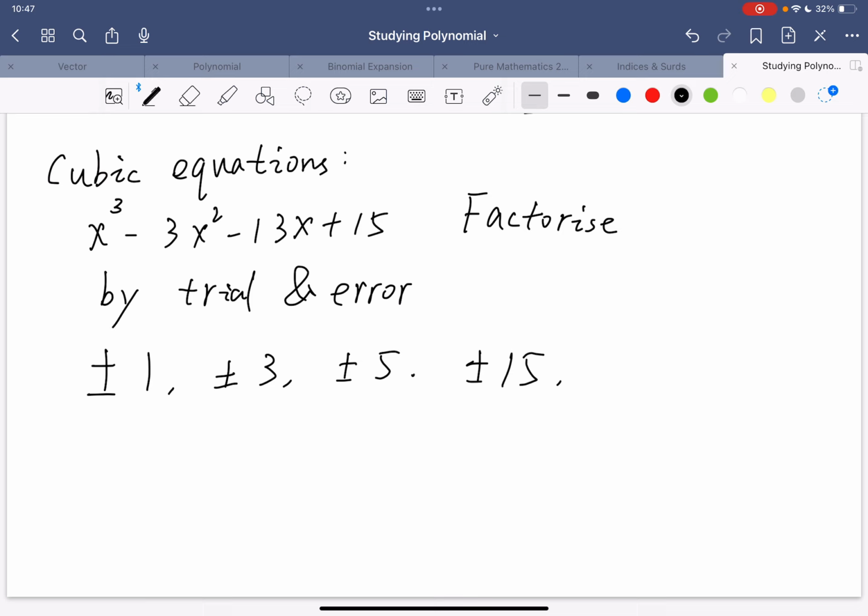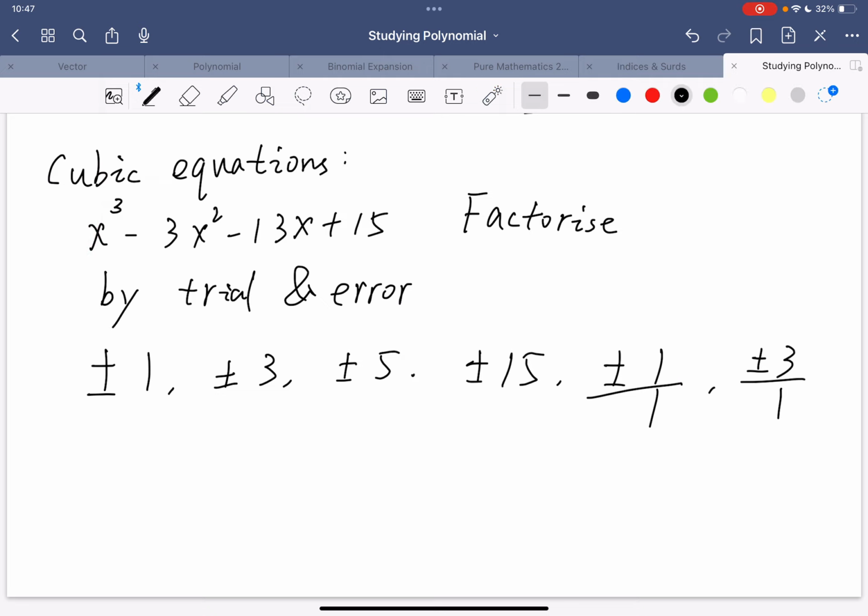There are still more. We have negative 1 over 1, that is negative or positive 1, and positive or negative 3 over 1. Simply that, right? Because the coefficient of the first term is 1, there will be no fractions in this case.